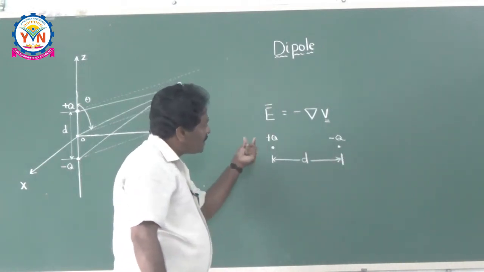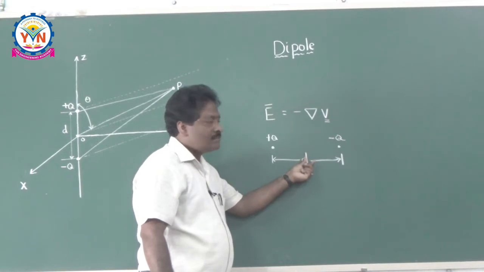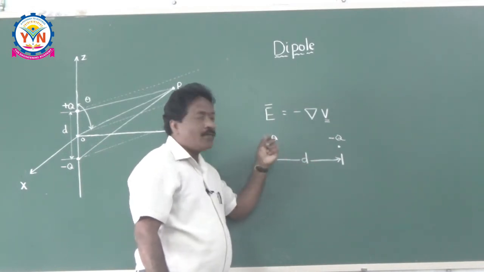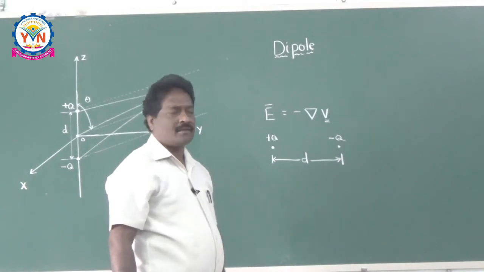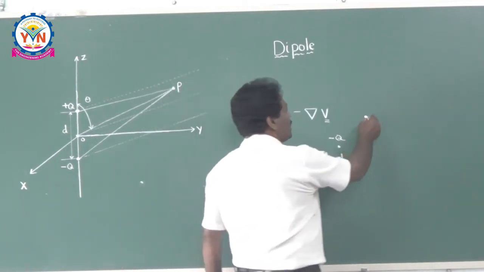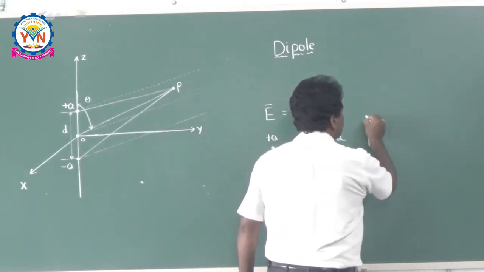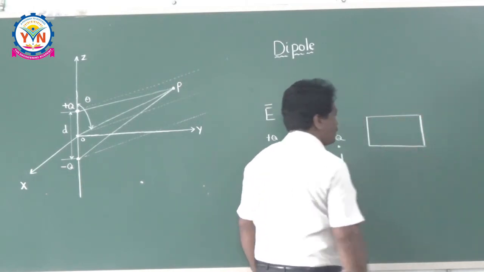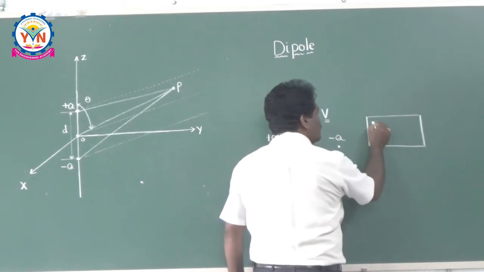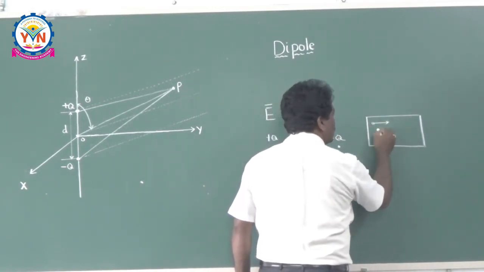And then what is the necessity of studying this dipole? If you know about the dipole, you can understand the behavior of the dielectric materials, because the dielectric material is nothing but the microscopic version of the dipoles. That means inside the dielectric materials, you have dipoles like this.